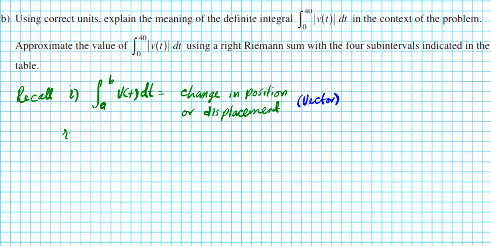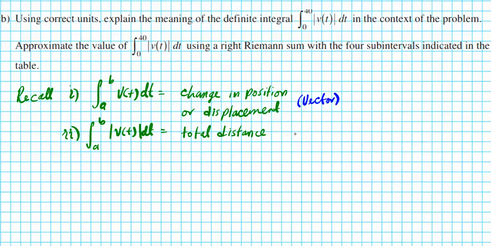Now, what if you were dealing with a definite integral that's similar to what we have in the problem here. The definite integral from a to b of the absolute value of v of t dt. Now, in this case, you're dealing with the total distance. It doesn't matter if you're going forward or backwards, to the left or to the right. Everything is counted.